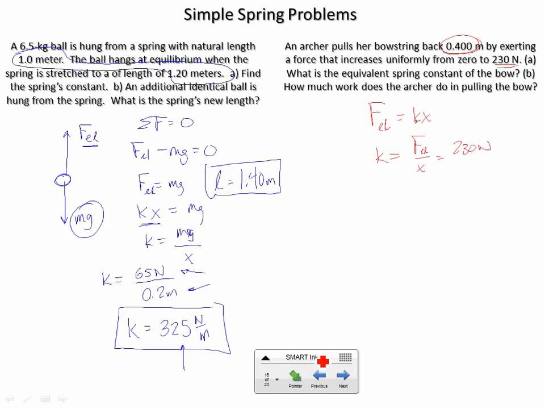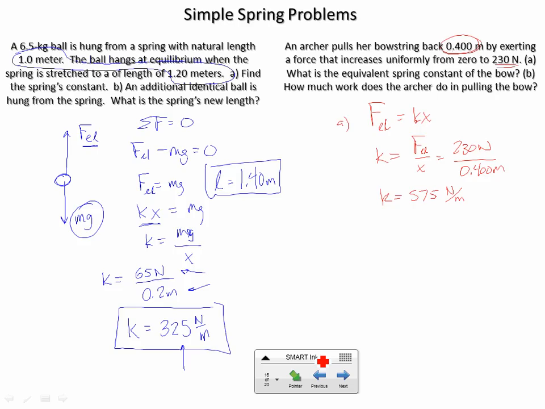So we can just go right to that, 0.4 meters. K is 230 divided by 0.4, 575 newtons per meter.